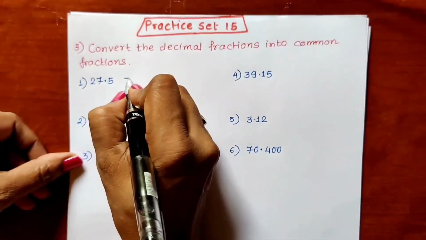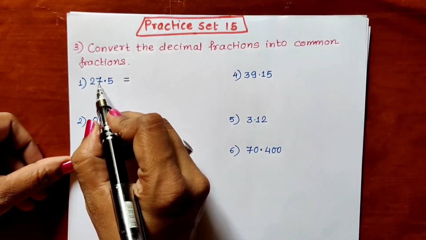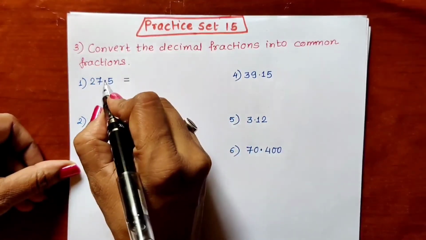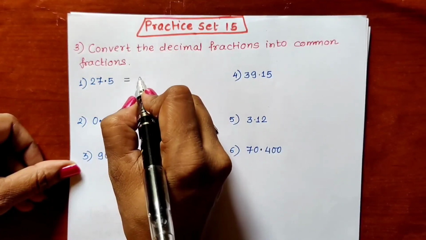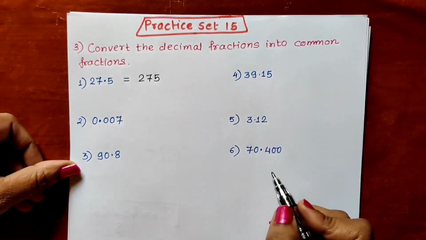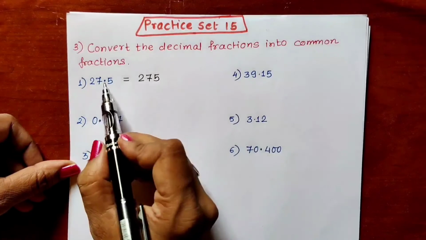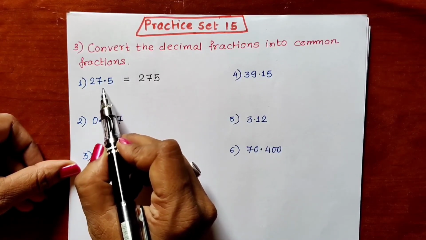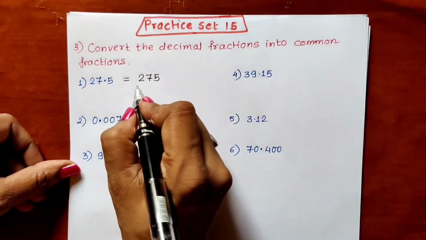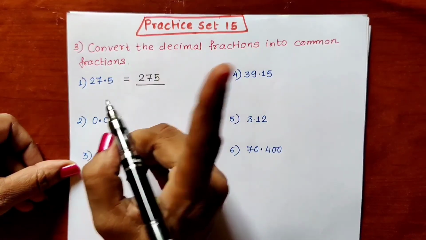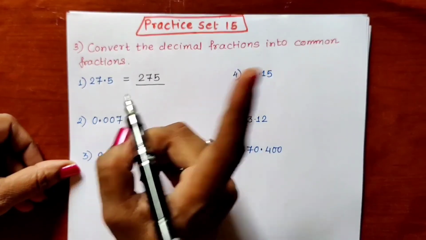First, write these numbers as it is. 27.5, remove the point and write the number as it is. Do not write this point, write the number as it is. It becomes 275. Okay, first we have to write the number as it is by removing the decimal point. Do not write this decimal point. And upon, after decimal point, only one digit is there, only single digit is there.